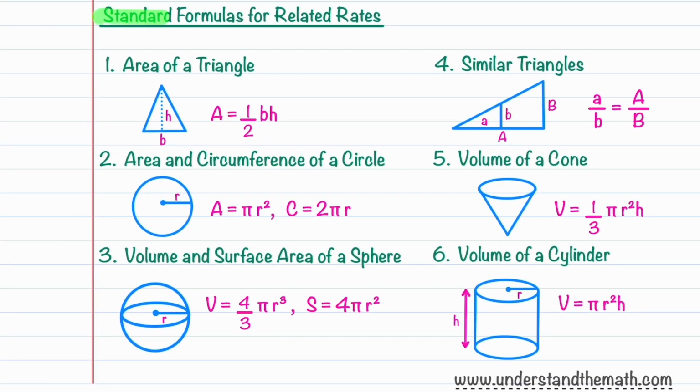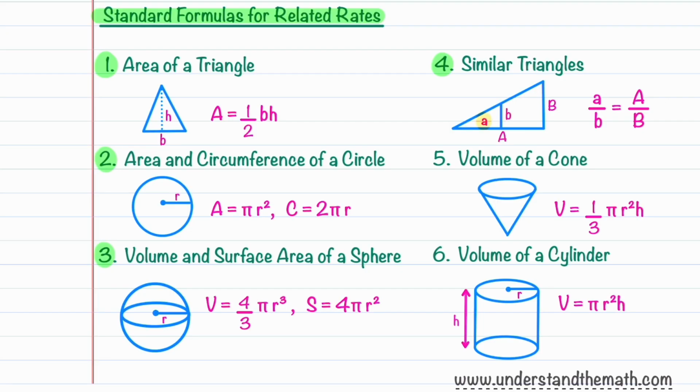Down below, I have listed 6 formulas that you will often need to know when you're solving related rates problems. The first one is the area of a triangle. The second is the area and circumference of a circle. The third is the volume and surface area of a sphere. Number 4 is a little bit tricky. It is similar triangles, and it involves the ratio of the side lengths of a triangle.